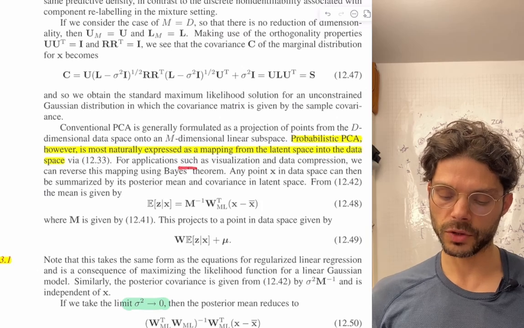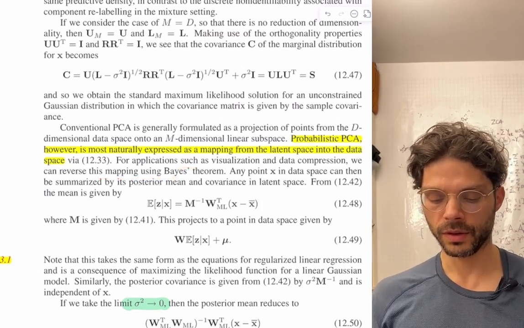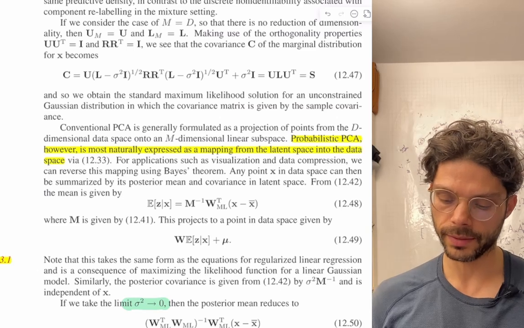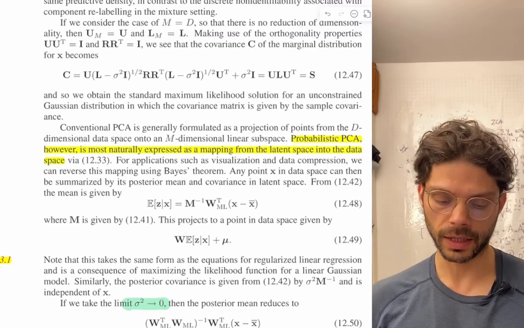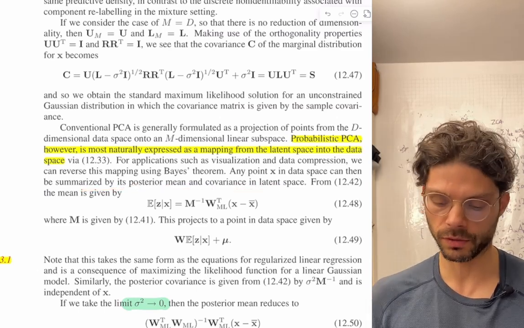For applications such as visualization and data compression, we can reverse this mapping using Bayes' theorem. So again, we want to go from the data to the latents. How do we do that? Any point in data space can then be summarized by its posterior mean and covariance in latent space, and we already have expressions for these.